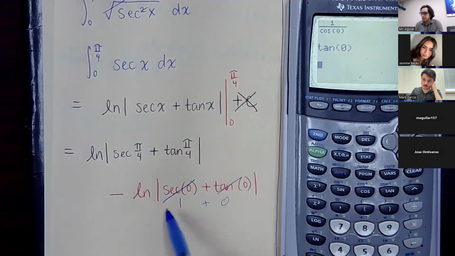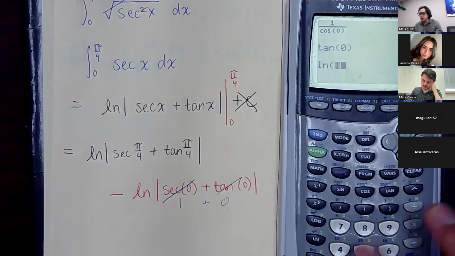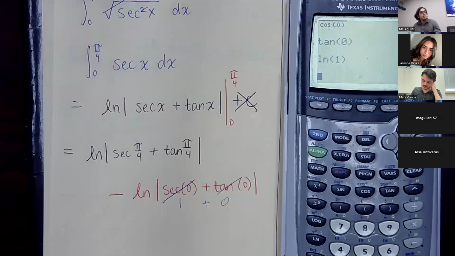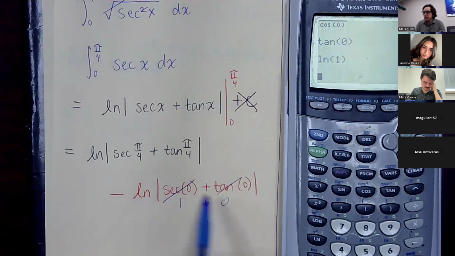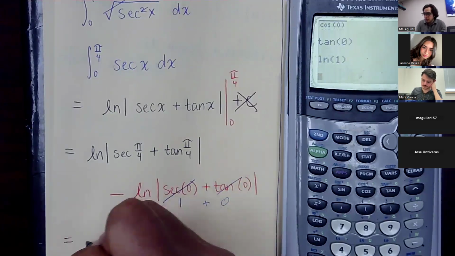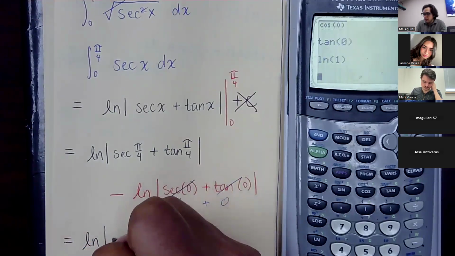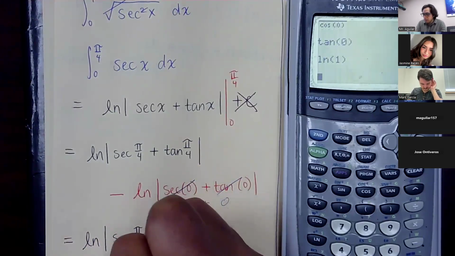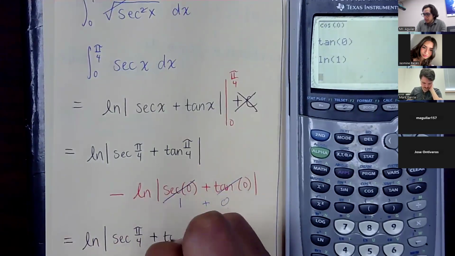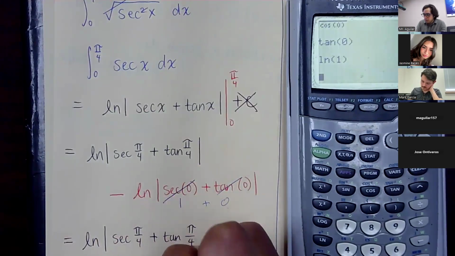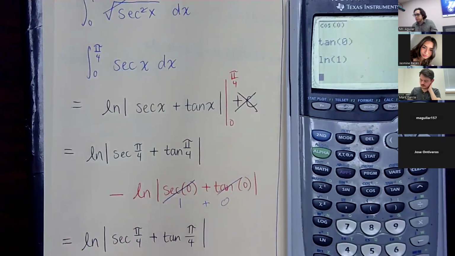So that's going to be 1 plus 0 inside the natural log. But the natural log of 1 is itself equal to 0. So this term over here becomes negligible. All you really care about is that term in the front, the natural log of secant pi over 4 plus tangent pi over 4.